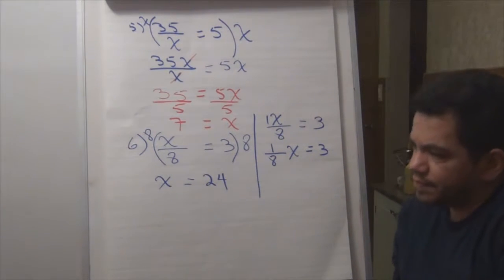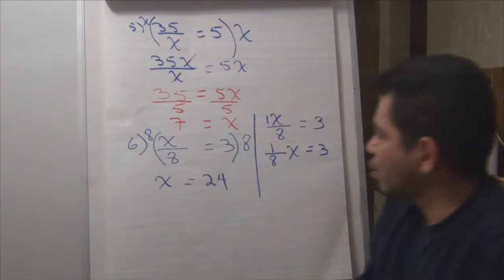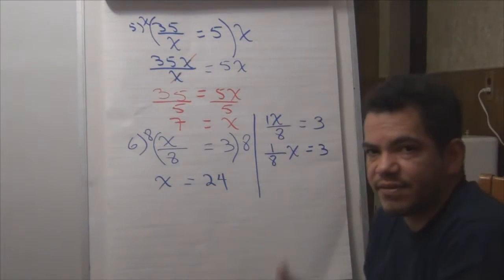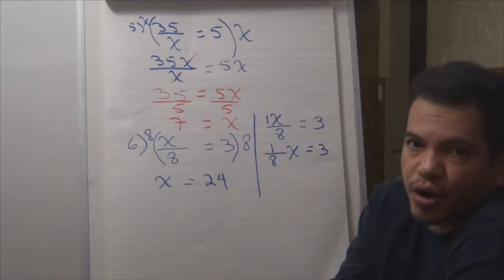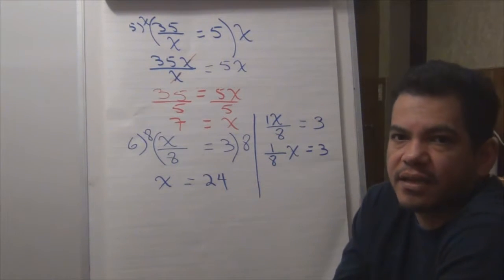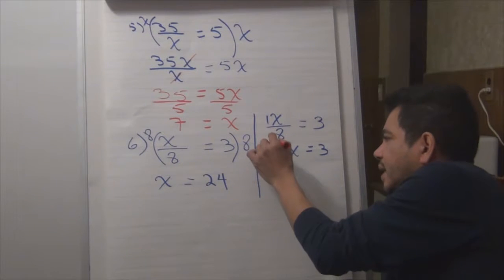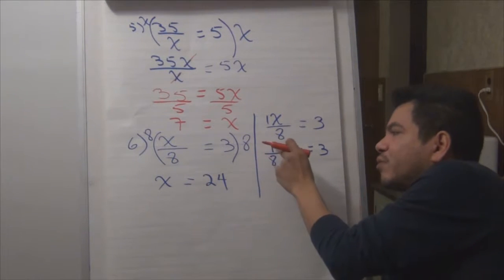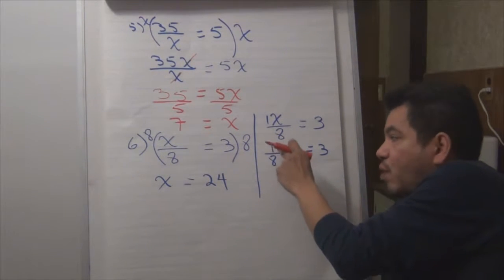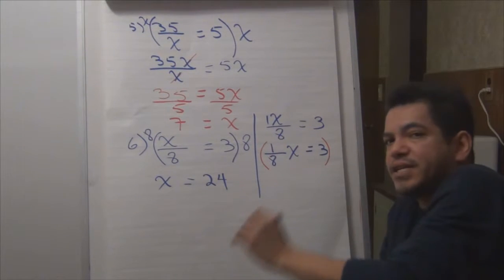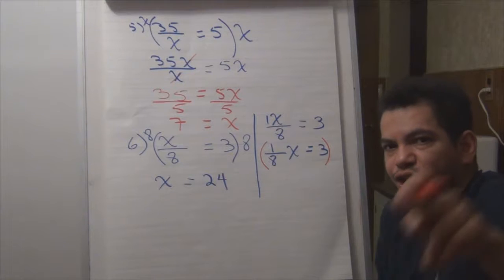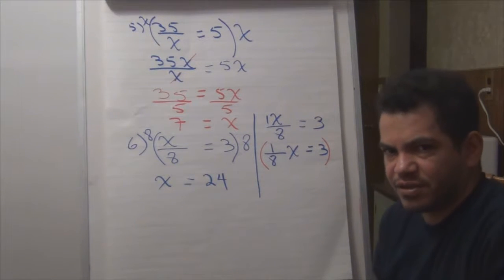There is a reason why I taught you before about the additive inverse and the multiplicative inverse, or reciprocal, whatever you want to call it, it is the same thing. When I am going to undo this multiplication of 1/8, how do you undo a multiplication of a fraction? You use the multiplicative inverse.